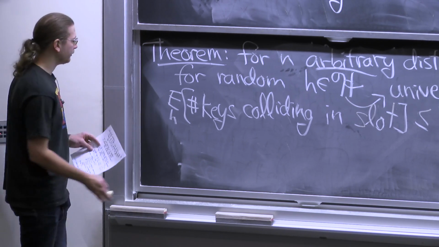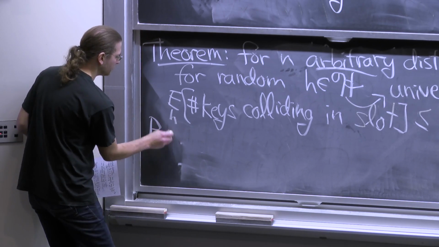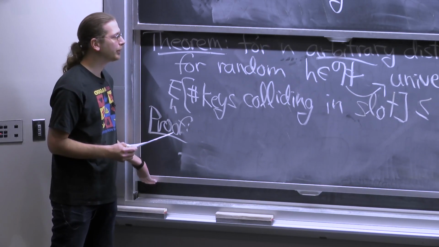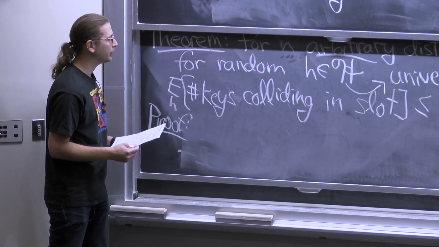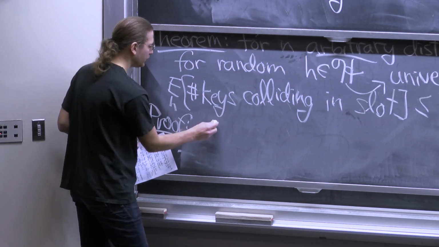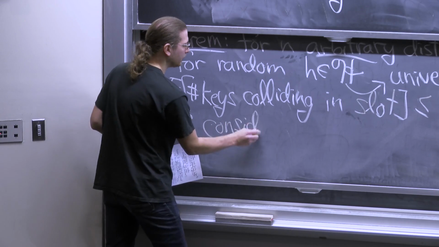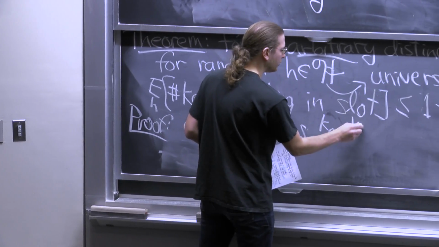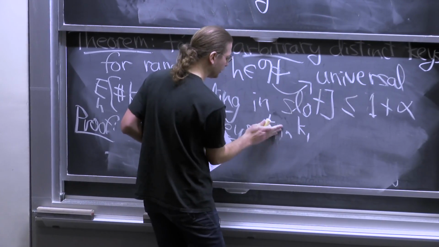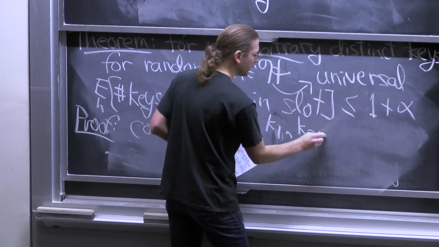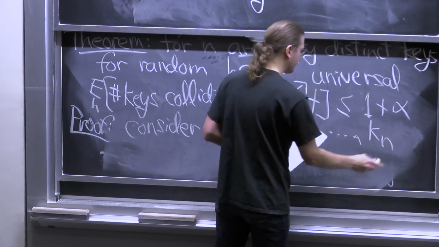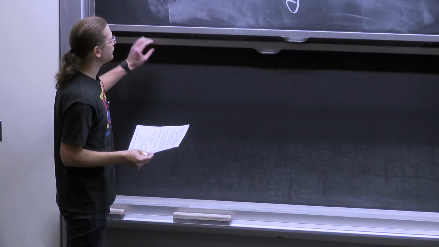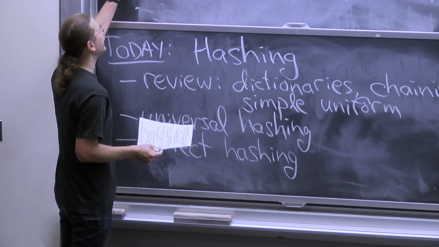So let's prove this theorem. It's pretty easy, but I'm going to introduce some analysis techniques that we will use for more interesting things. So let's give the keys a name. I'll just call them K1 up to Kn. I just want to compute that expectation.